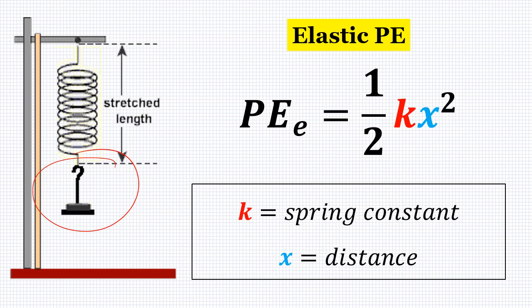All springs have a value attached to them called the spring constant. The spring constant is basically a value that determines the strength of that spring. All springs have a spring constant, and they vary from spring to spring. And then x is going to be the distance that we are stretching out our spring.